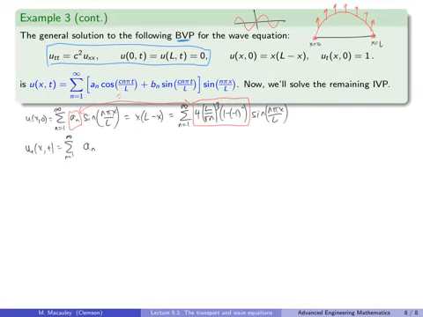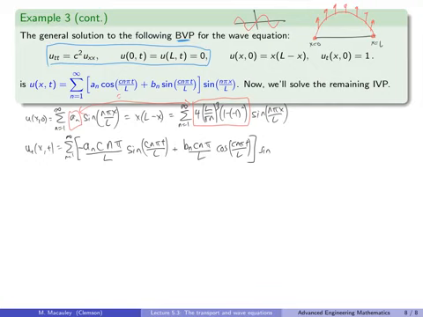We have an c times n pi over L times sine of cn pi t over L, with a negative sign because we're taking the derivative of cosine. And now we have plus bn cn pi over L times cosine of cn pi t over L. I know this looks messy. I'm sorry about that. Not really. All times sine of n pi x over L.